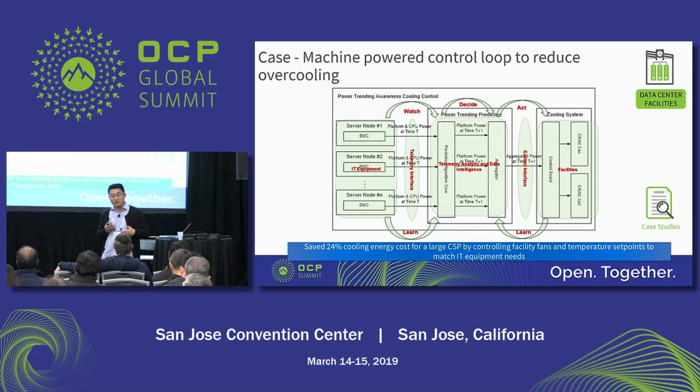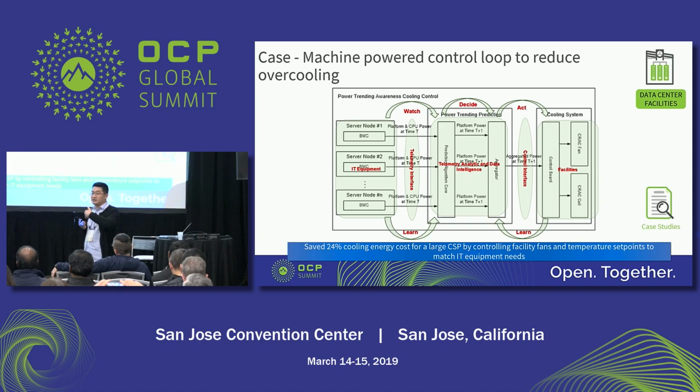We don't need a too fast prediction window. Based on this prediction, we are able to transfer this prediction data to the cooling facility controller. Then the cooling facility controller can manage the cooling capacity for the prediction window.